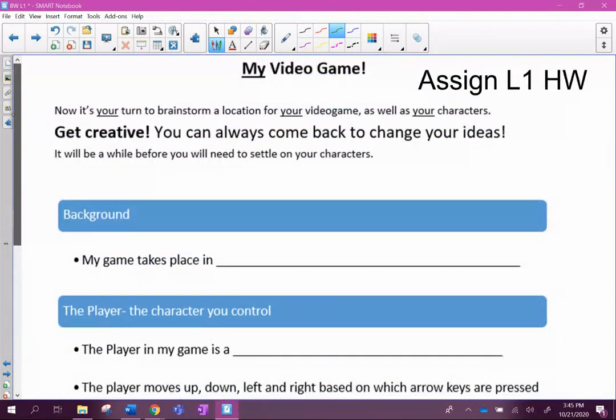Okay, so are you a penguin who wants to catch the fish but avoid the iceberg? And then maybe your background is the ocean.